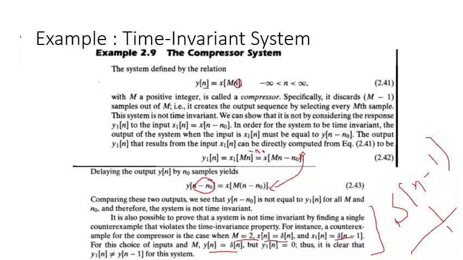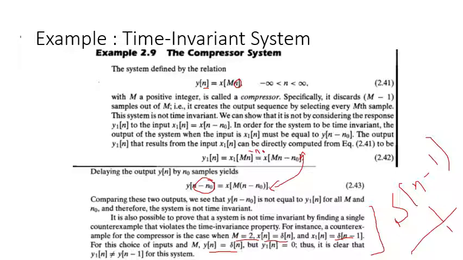So you need to understand that it is possible to prove the system is not time invariant by finding a single counter example. It is not necessary to always prove that the system is time invariant. We can find a single example that violates the time invariance property. For instance, a counter example for the compressor is the case when m is equal to 2 and x of n input is this.